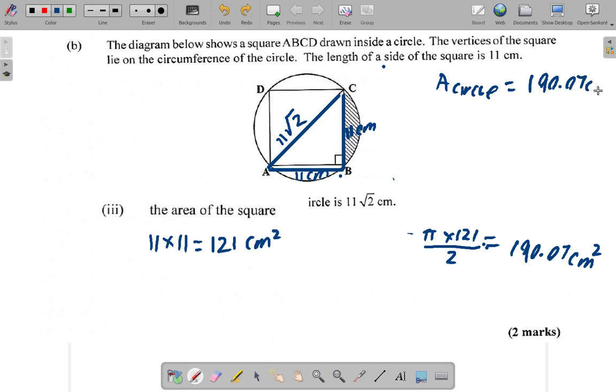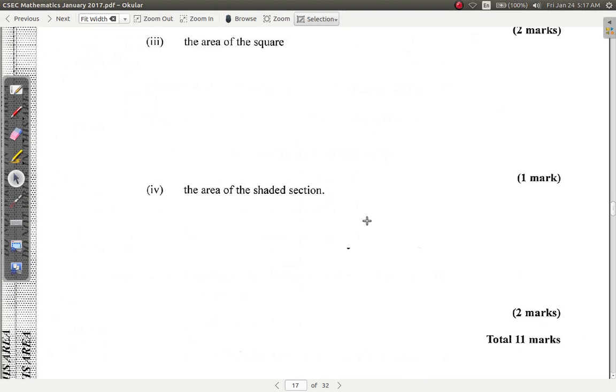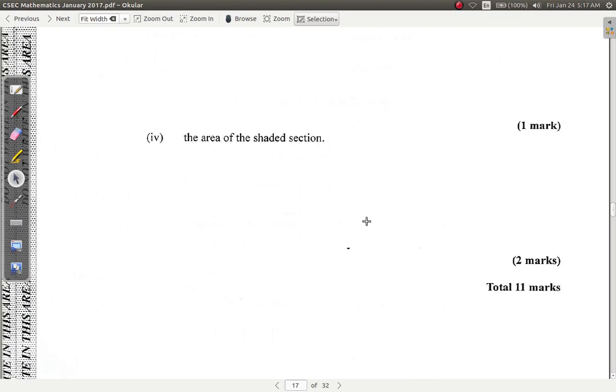In case we need it, let me just write it here, centimeter square. The area of the square, we see that is 121 centimeter squared. See what else they want. The area of the shaded section. Oh, and then question 6 will be finished at that point.